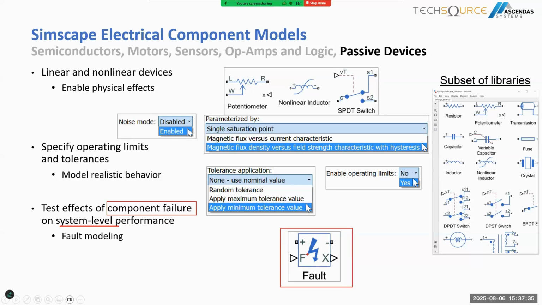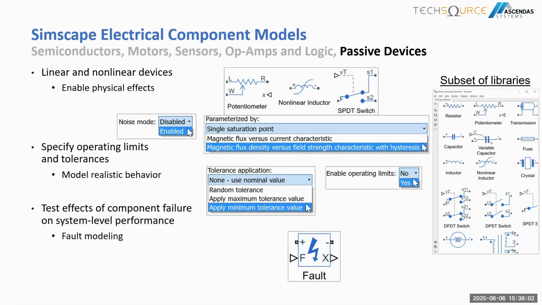This is the advantage of Simscape Electrical: you can integrate faults within your simulation and check the behavior of your algorithms, to see if these faults are being detected, so that you can comply with the system safety protocols that you are developing. So these are examples of components that you can use in Simscape Electrical.